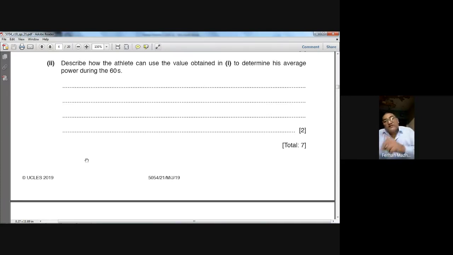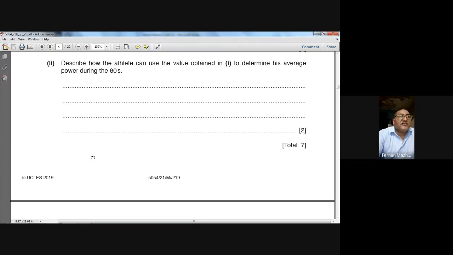So if you know the number of times he extends the spring in 60 seconds, you multiply that number with the work done in one extension, and then divide it by the 60 seconds. Because power is work done divided by time. So you calculate how much work is done in 60 seconds by that athlete and divide it by 60, you get the answer in watts.